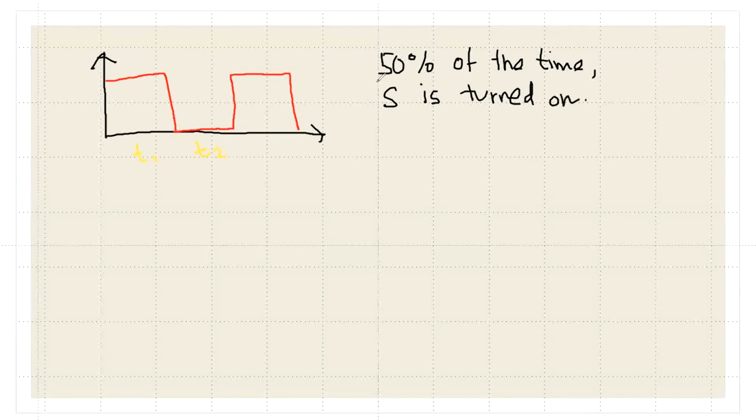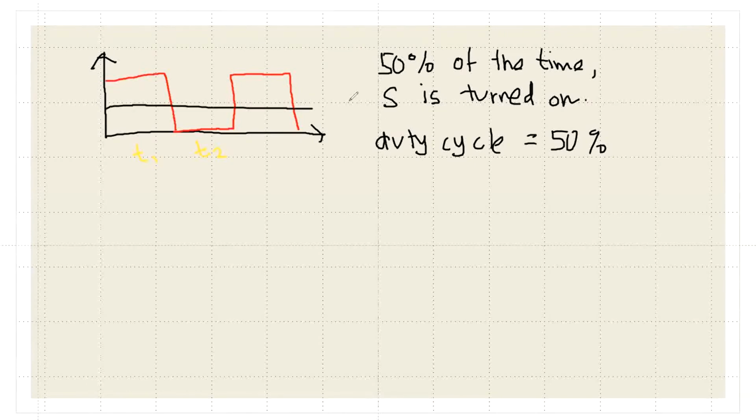So this is also equal to a duty cycle of 50%. This 50% will determine the value of your output voltage, or the average of this. So the average here depends on the duty cycle that we have over here.